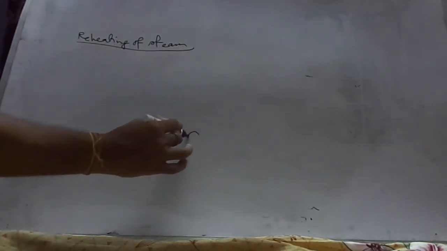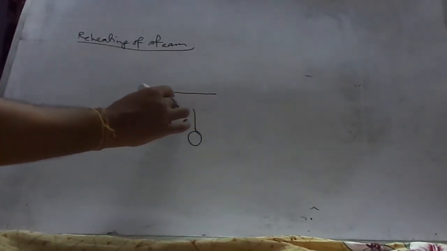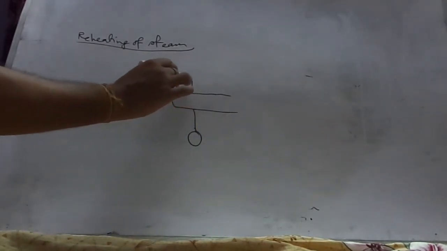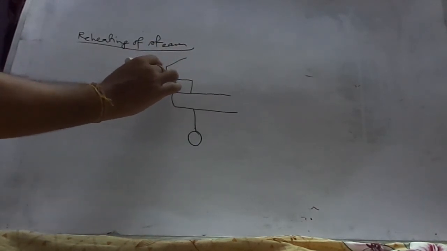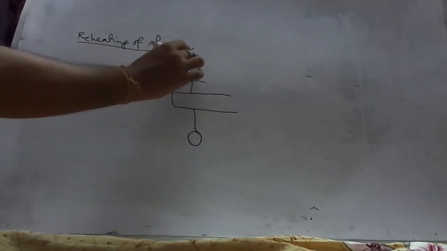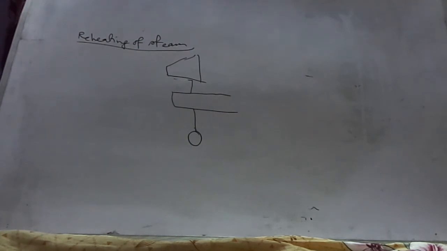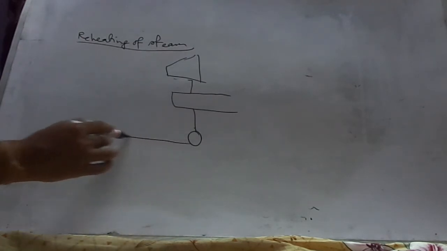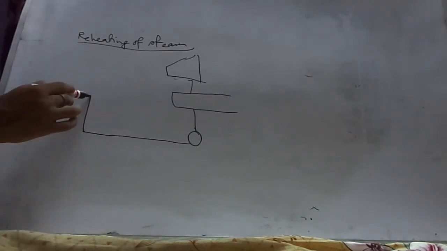So first, you draw the diagram. This is the pump, this is the condenser, this is the turbine. Another line goes to that side.